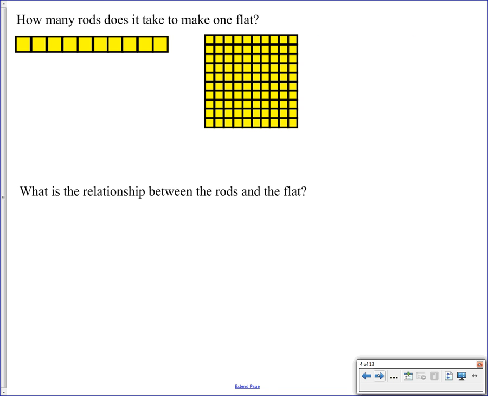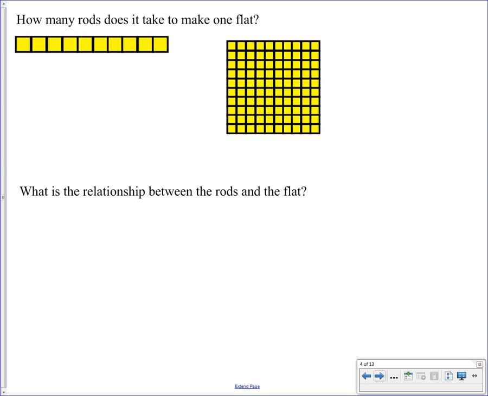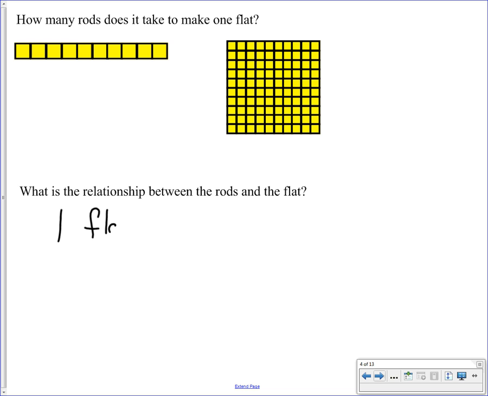So let's take a look at this one. One flat is made up of 10 rods. So this one flat right here is made up of 10 of these rods. So again, our relationship is one flat equals 10 times 1 rod.